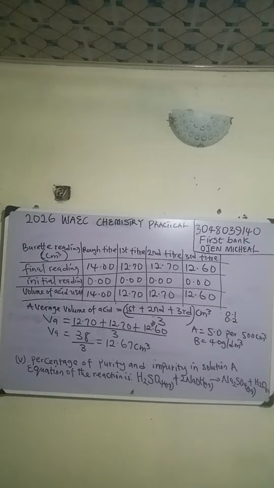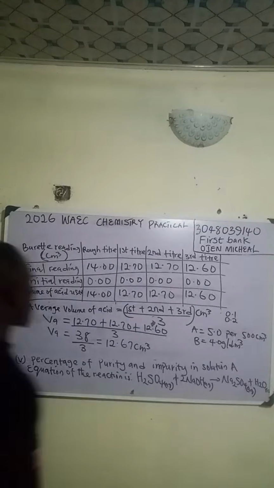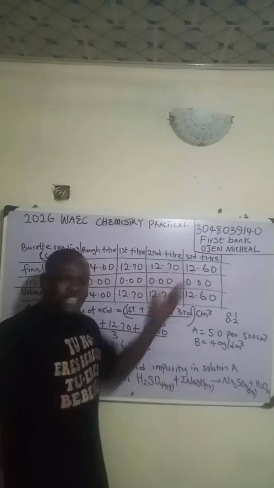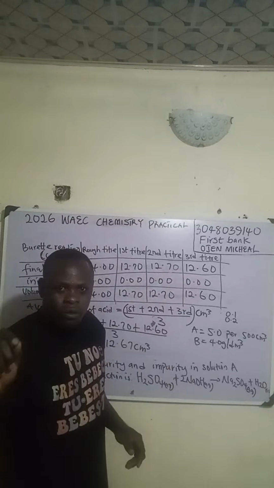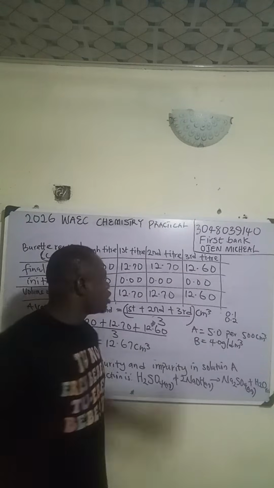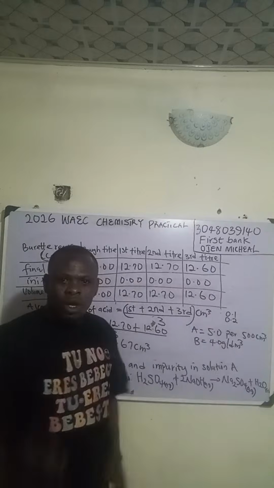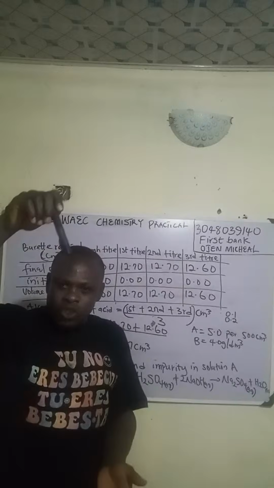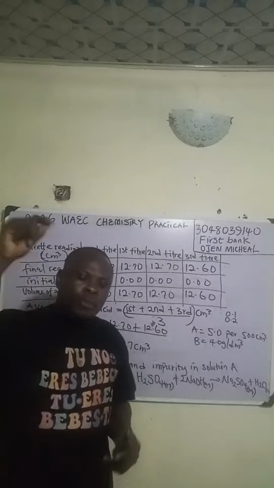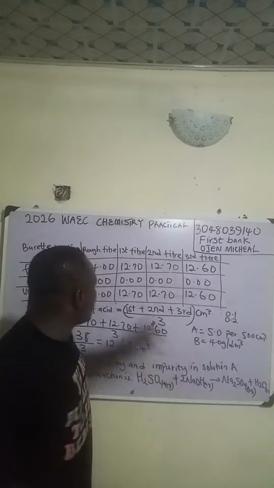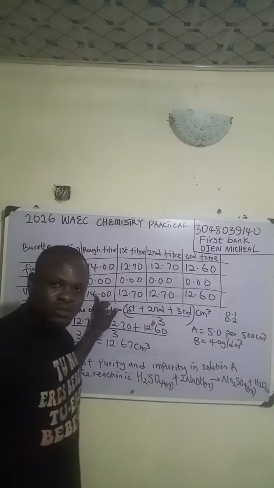No, your initial must not be 0.00. That was what I was explaining. Maybe you came late. I said 0.00 so as not to confuse you. If you see the video I uploaded on my YouTube, my initial readings are not this. Your burette goes from 0.00 to 50. When you put your acid there and titrate, probably you have your endpoint at 14.